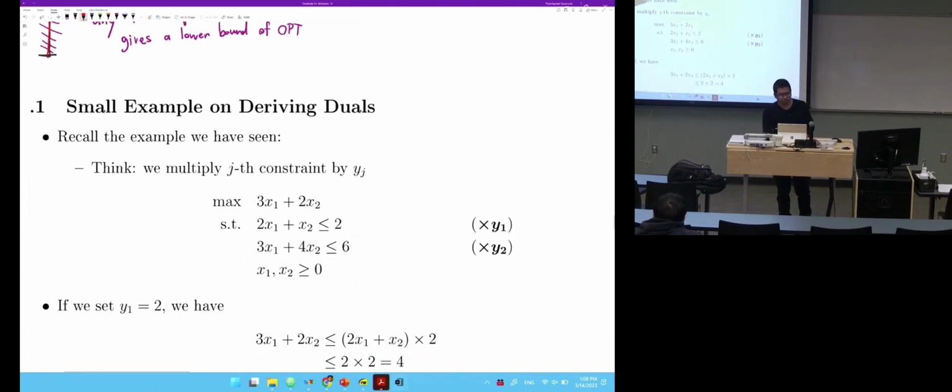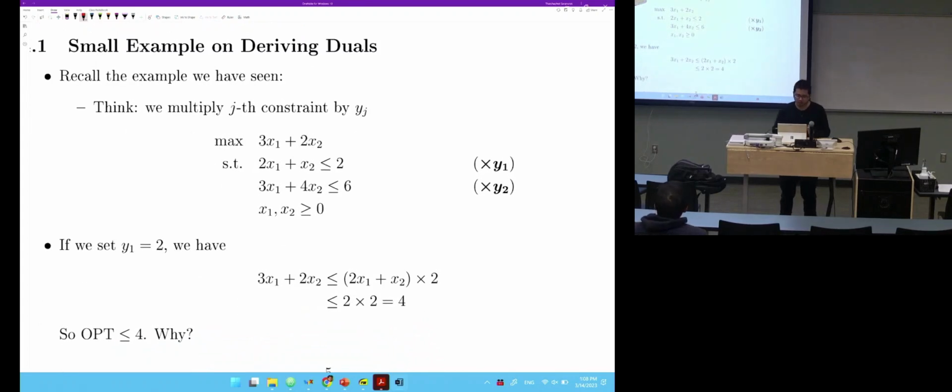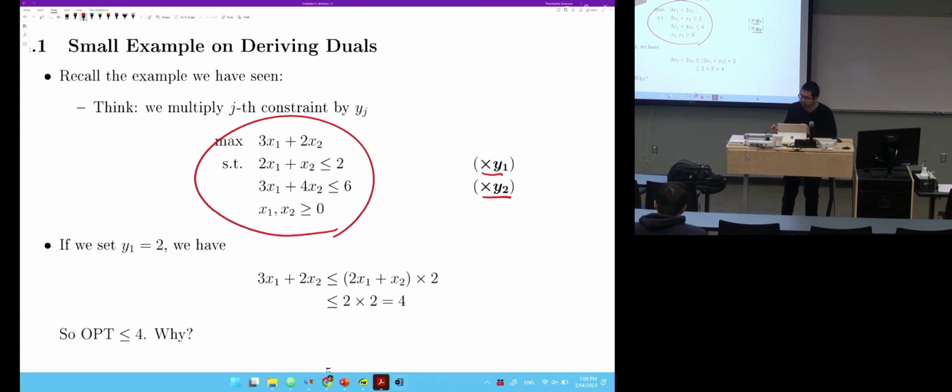Okay. So we have seen this linear program before, the linear program in the beginning. Now imagine that for each constraint, I introduce one variable y.